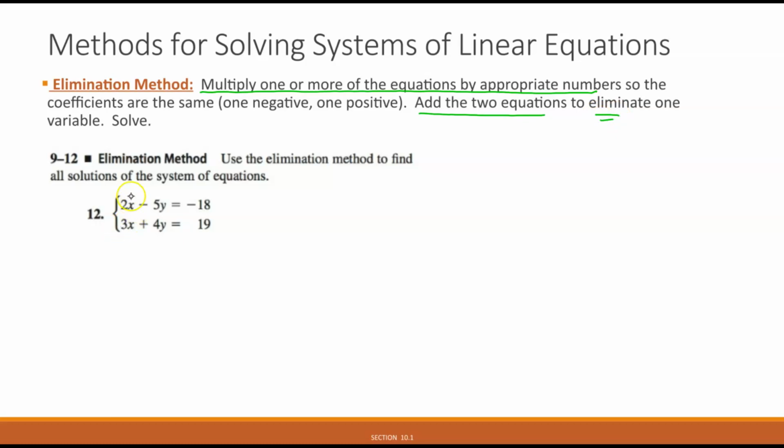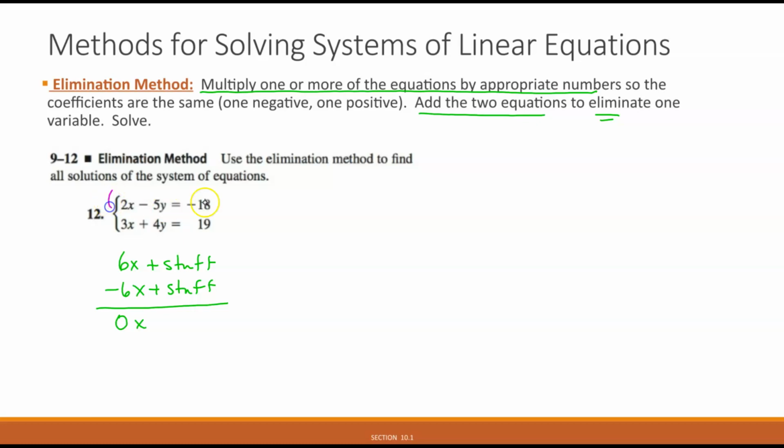Looking at problem number 12, it would be nice if instead of 2x, we had 6x, and in equation 2, if we had a negative 6x. If I were to add these together, we would eliminate x. Okay, that's the elimination method.